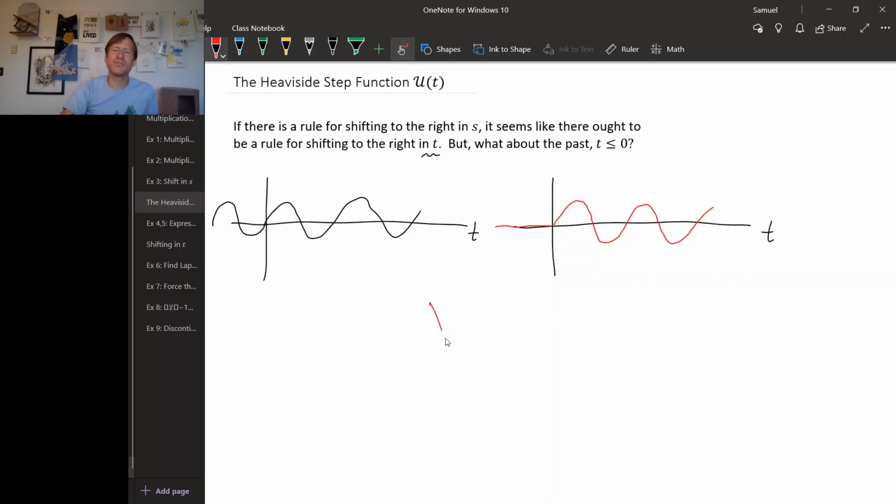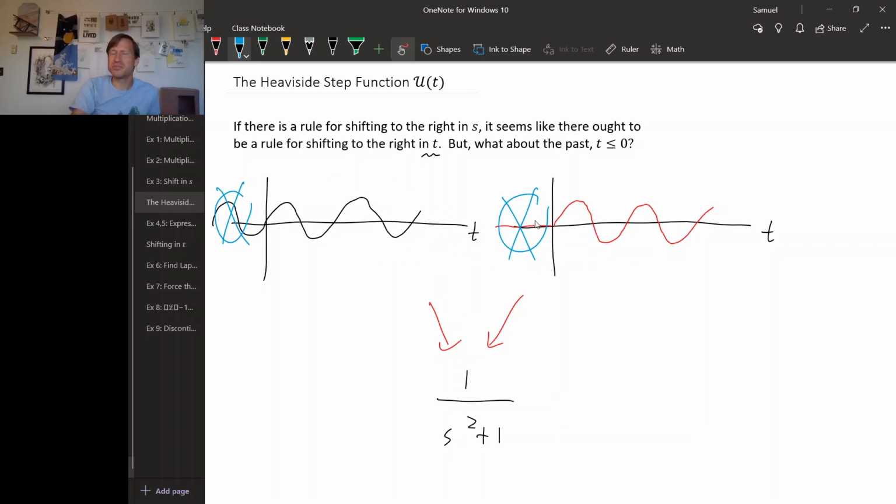The Laplace transform is going to send both of these to the same Laplace transform, 1 over s squared plus 1. And the reason for that is because the Laplace transform is an integral from 0 to infinity on the t-axis. And so the Laplace transform actually doesn't know anything about what happened in the past. So the Laplace transform treats these two functions as the same.